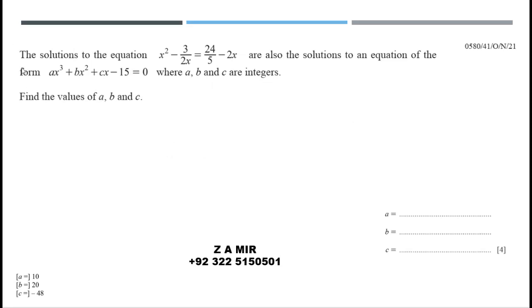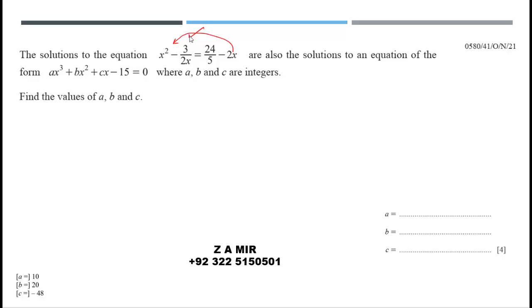The solutions of this equation are also the solutions of this cubic equation. So we have to find A, B, and C. It means if we rearrange this one, it should convert into a cubic equation. So let me do how. Let me bring this over here.